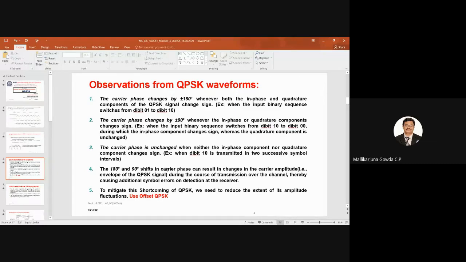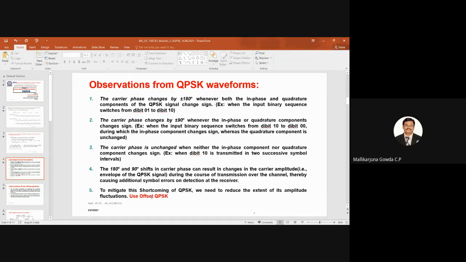To mitigate that shortcoming of QPSK, we need to reduce those amplitude fluctuations. We do that using the concept called offset quadrature phase shift keying. By using offset QPSK, I hope you are understanding what is offset.